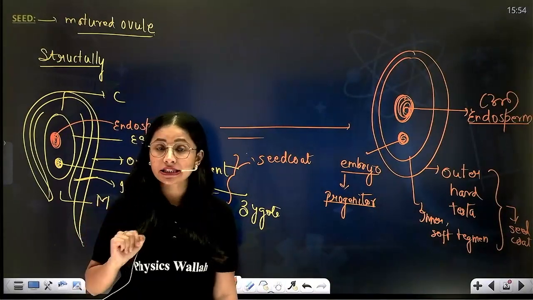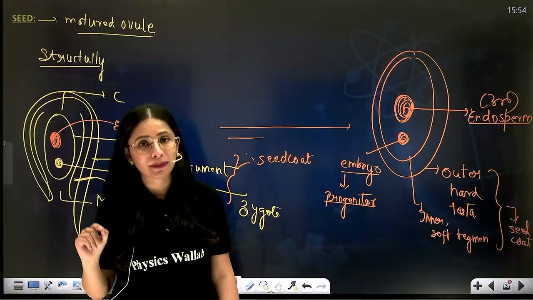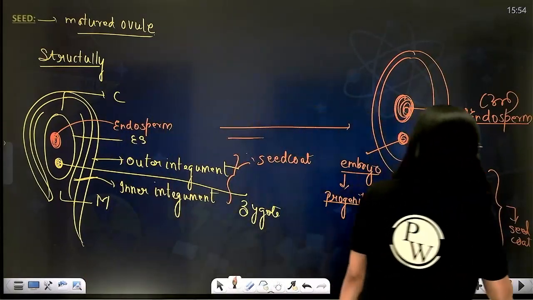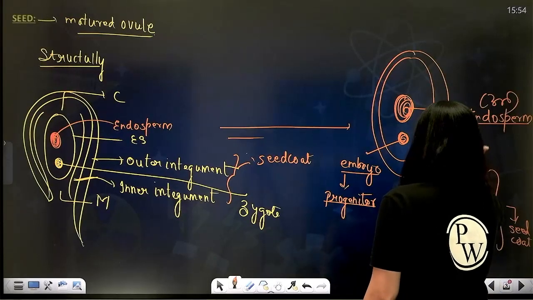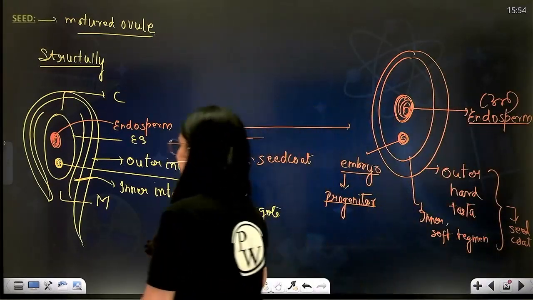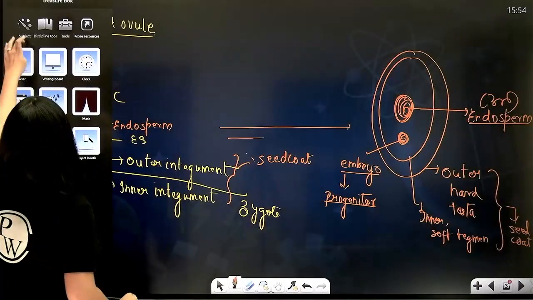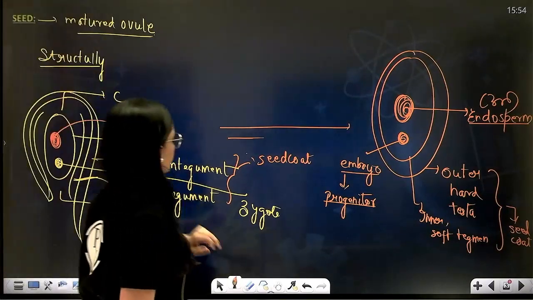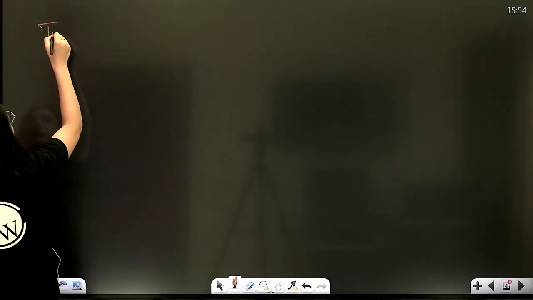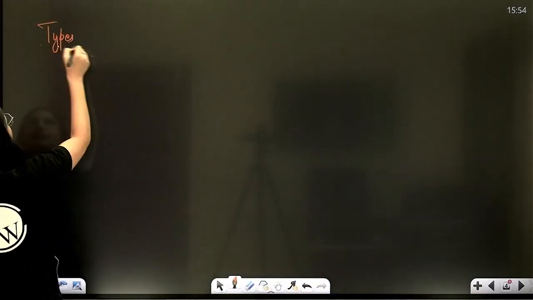So on the basis of the presence of endosperm, we basically have two types of seed. Let's discuss. But for that, I think I need to add a page. Okay, so now first we are going to see types of seed.